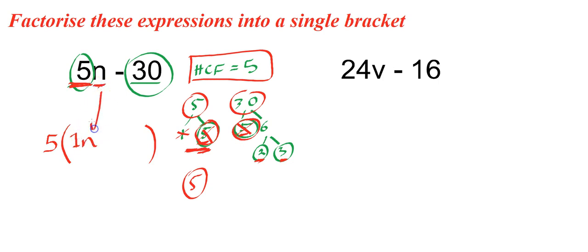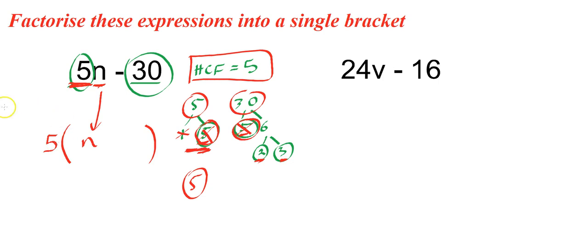However, you shouldn't really have the number 1 in front of a variable as a coefficient, so let's get rid of the 1, and we know that it's n. Then, how many times will the highest common factor 5 go into 30? 30 divided by 5 is 6.